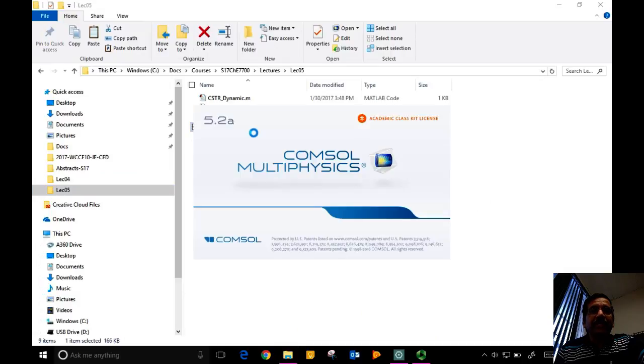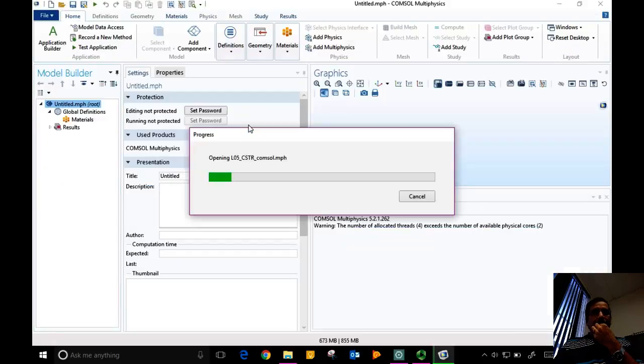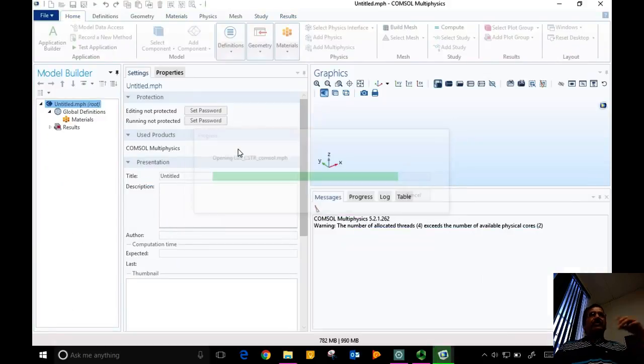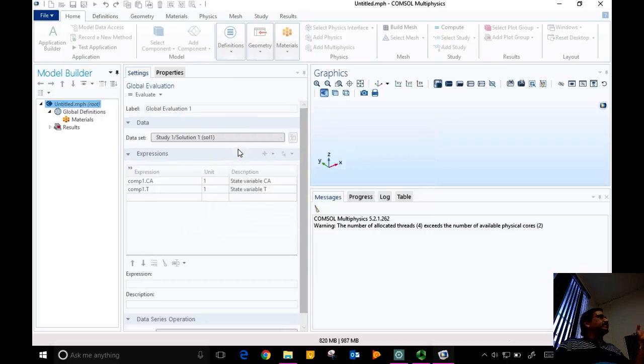So this is a file that I have saved. I have already formulated the problem before and saved the file.